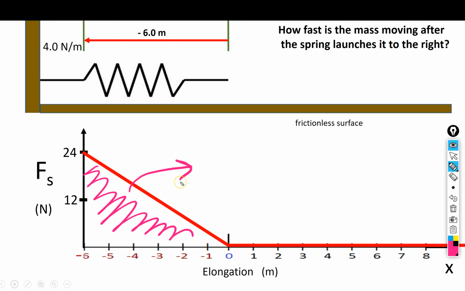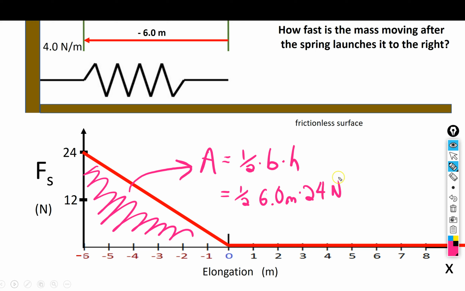If it's above the x-axis, it's considered a positive area. If it's below the x-axis, it's considered a negative area. So in this case, this area would be 1/2 base times height because it's a triangle. And the base would be 6 meters and the height would be 24 newtons.